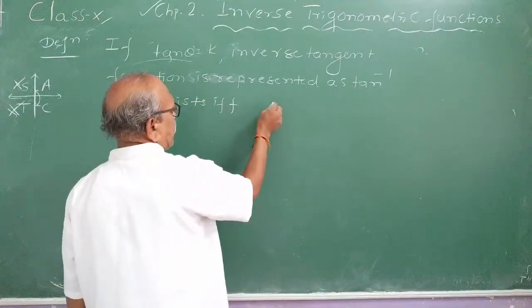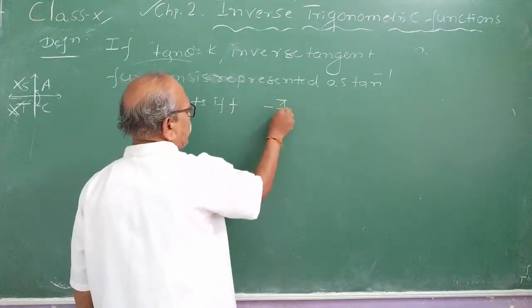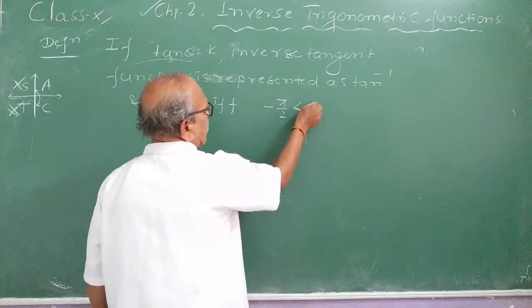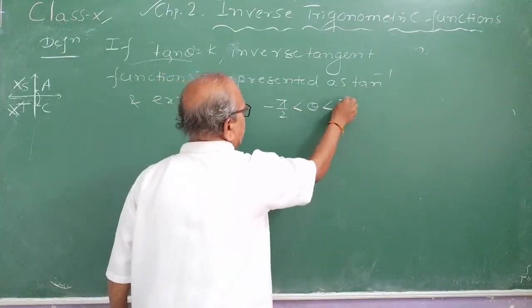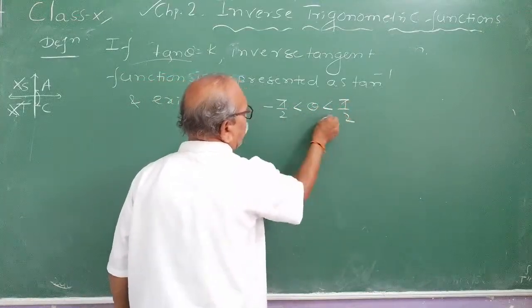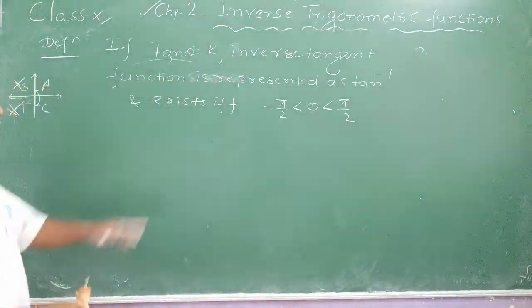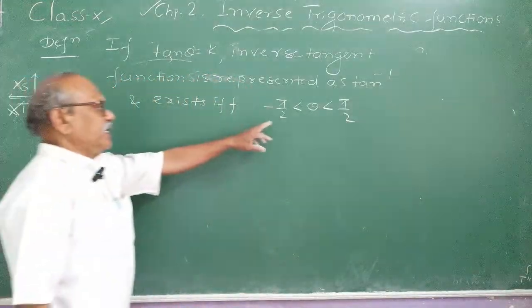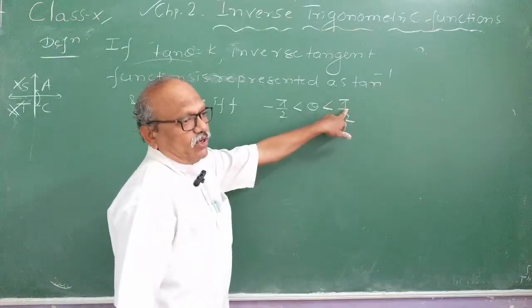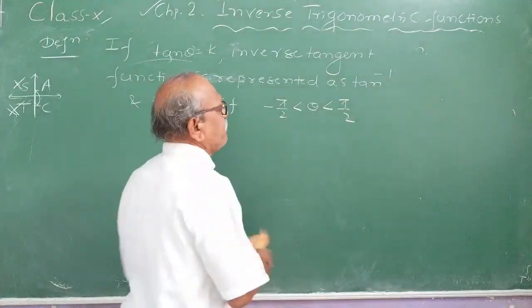Range: theta lies between minus pi by 2 is less than theta, theta is less than pi by 2. Why should we not take equal to? When theta becomes equal, tan pi by 2 is infinity, which becomes undefined.